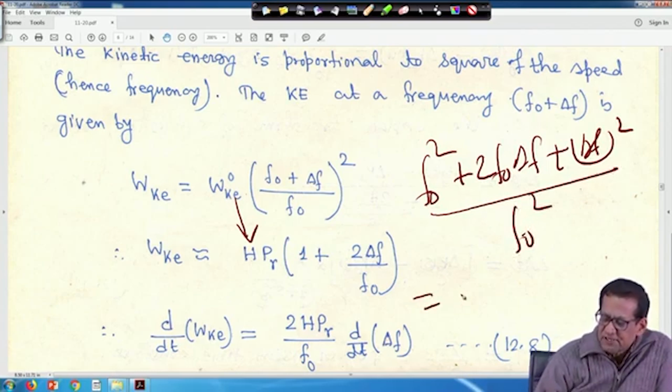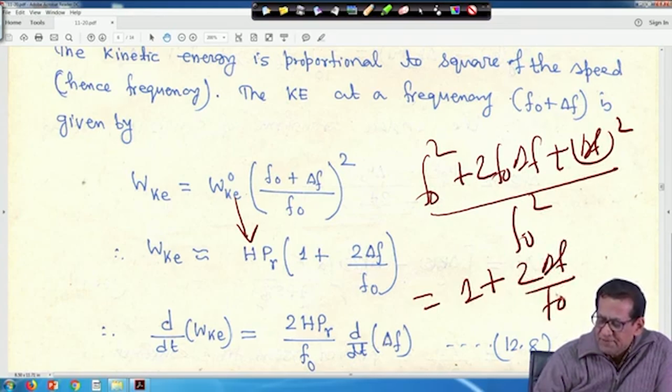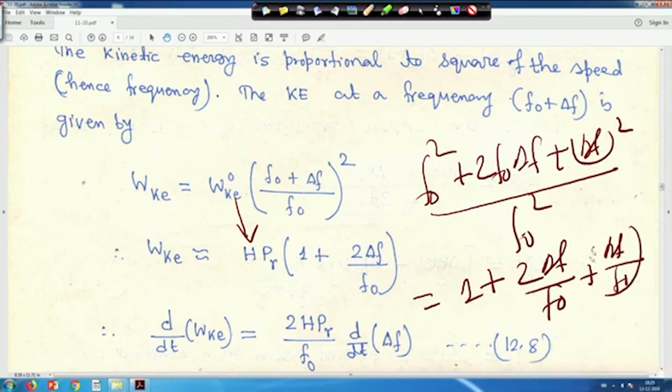This you can write as 1 plus 2 delta F upon F0 plus delta F upon F0 whole square. But this delta F upon F0 square is a very small quantity, so this term is dropped.